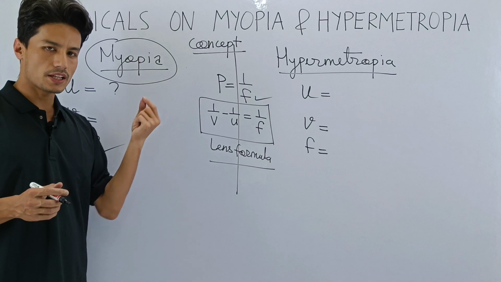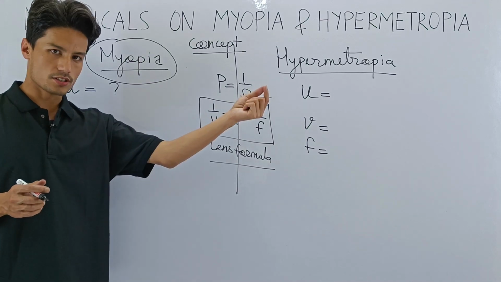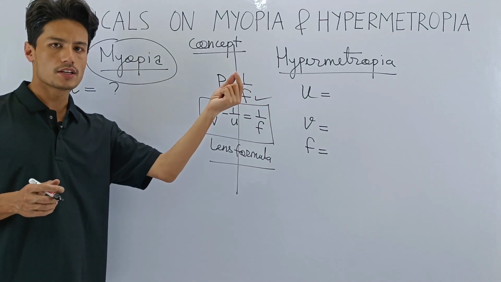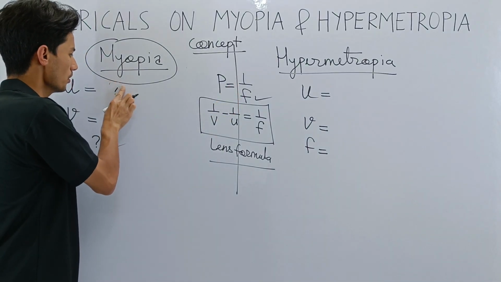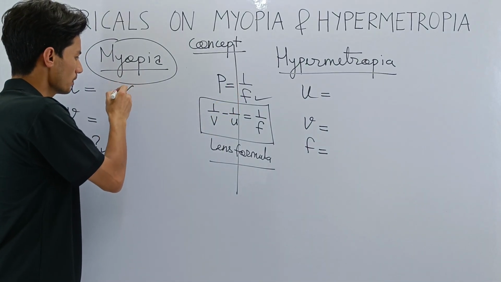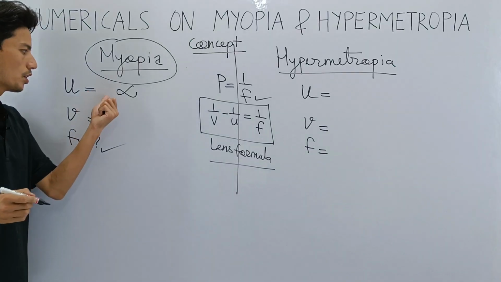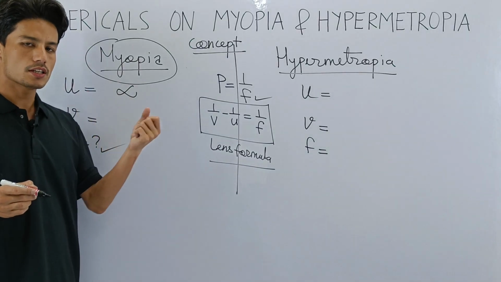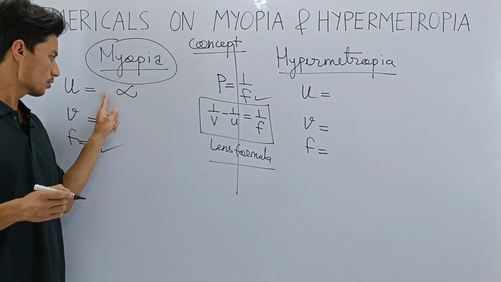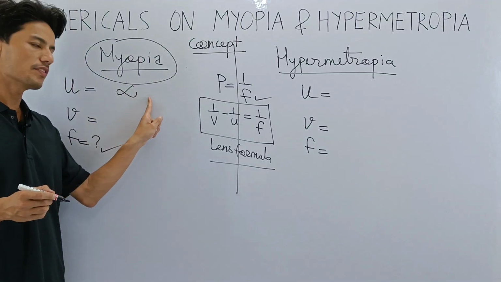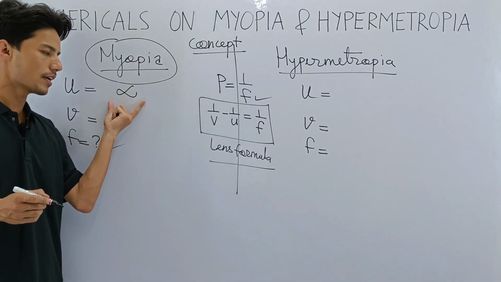For a normal eye, the far point of a healthy eye is infinity. So for myopia, u will be considered for a normal healthy eye, so u for myopia will be infinity. Now why are we taking infinity?